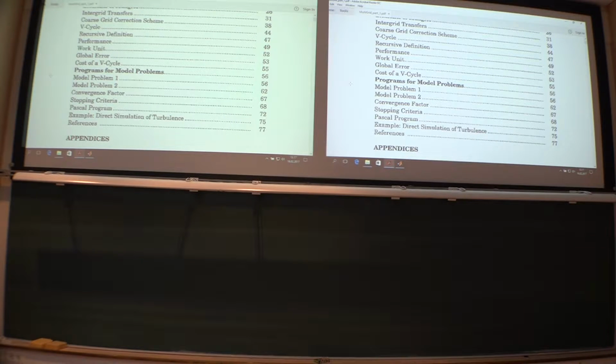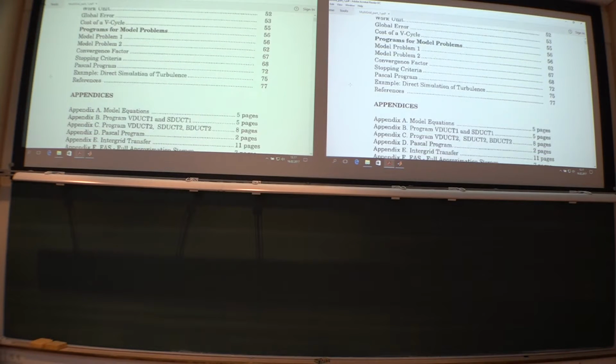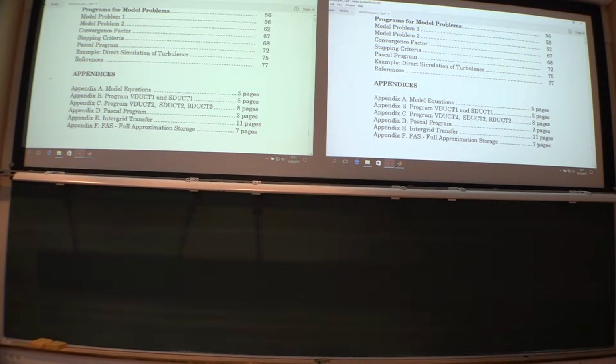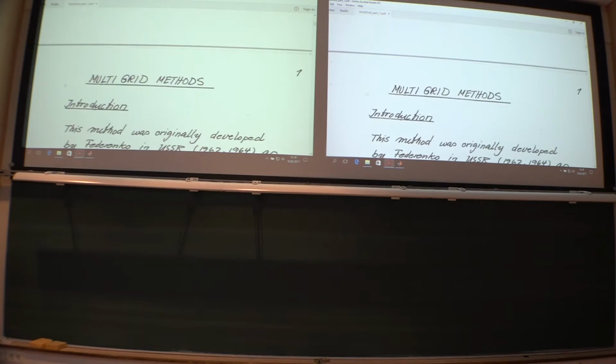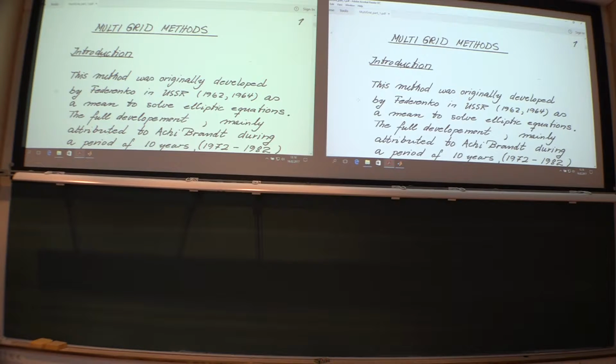We have a couple of examples, some model problems, and in the appendix you find the source code in Fortran and even in Pascal. None of you have ever touched Pascal, I guess. Very old language. Nobody uses it anymore. But we'll have a look into how such codes can be derived. Also, we will have some MATLAB demonstrations.